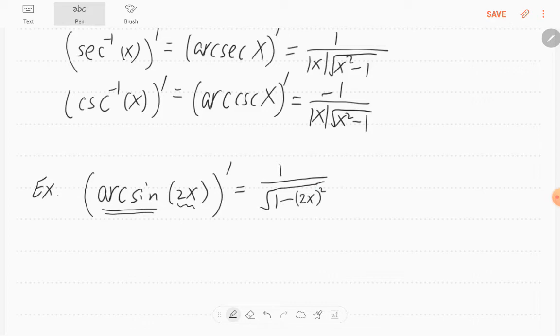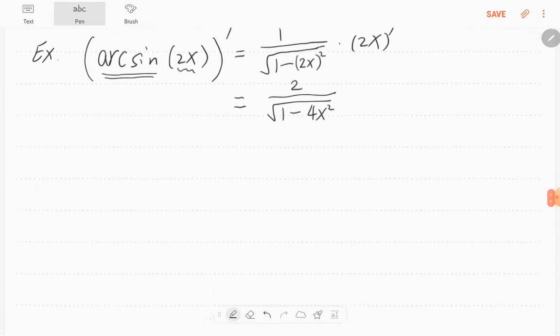We plug in the inside function, then multiply by the derivative of the inside function. That is the chain rule. Then you can simplify: it's 2 on the top, over square root of 1 minus 4x squared.